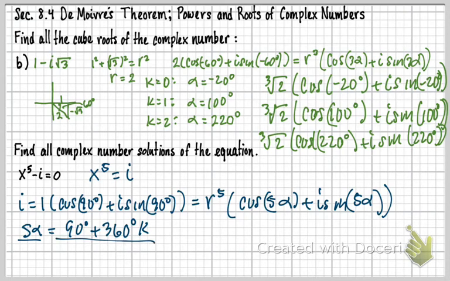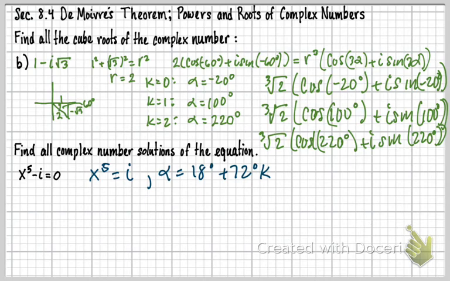There we go. So really what we're looking at here is 5 alpha equals 90 degrees plus 360k. So when I divide all this by 5, my alpha is going to equal 18 degrees plus 72 degrees k. So now from this formula, I can get all of my other angles. Now I need 5 of them here. So for k equals 0, alpha equals 18 degrees.